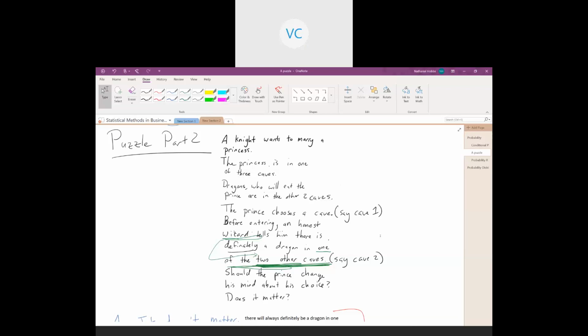So why can't the wizard talk about cave 2? I'm not really sure. Okay, that's fine. Basically, because that's not the problem. The problem says that the wizard picks one of the other two.